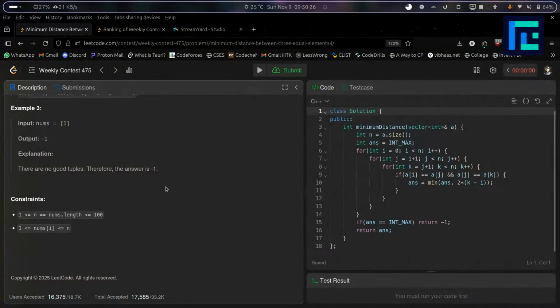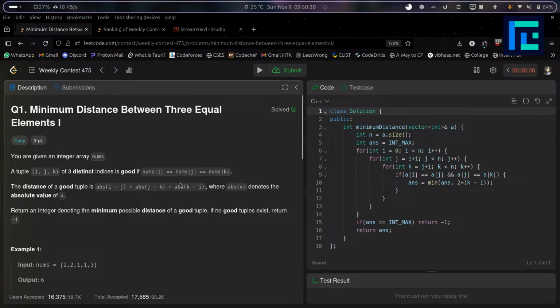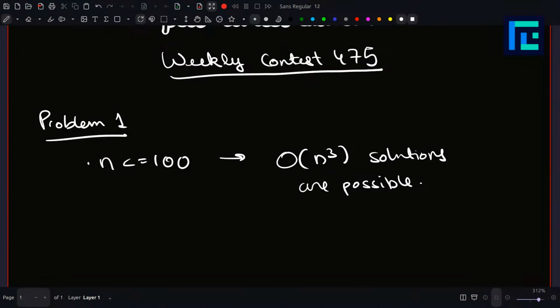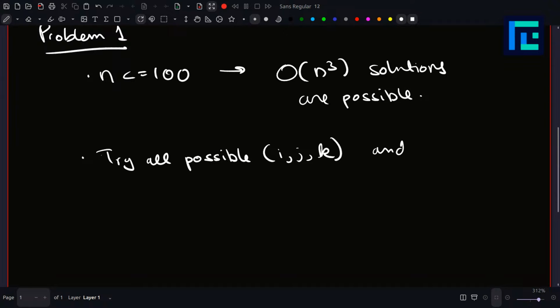Since the condition is very simple, it just says find ijk such that nums of i is equal to nums of j equals nums of k, and also the distance is minimized. What we can do is simply go through all possible tuples ijk, since we have n cube time, and find the minimum one satisfying the conditions.